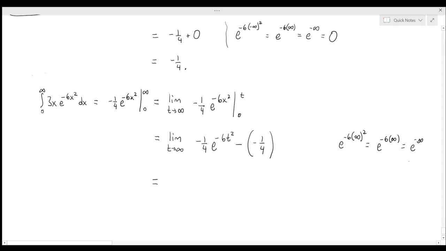As I mentioned earlier, e to the negative infinity is going to be 0. So in the limit, this term goes to 0, and we're just left with minus negative 1/4, which will be plus 1/4 for our final answer of 1/4 for this improper integral.